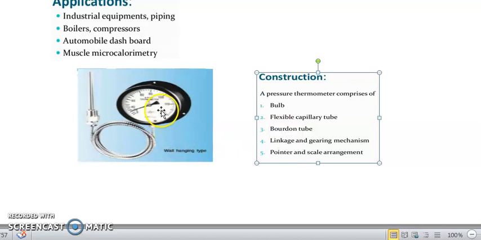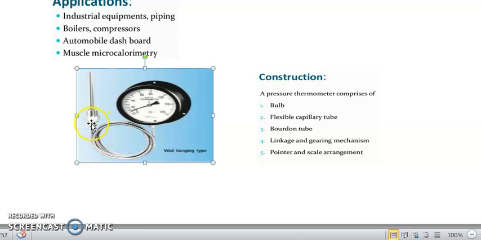Bourdon tube. Here inside this display monitor there is a Bourdon tube. Linkage and gearing mechanism. All of these have a linkage and gearing mechanism inside this monitor display device, and there is a pointer and scale arrangement.